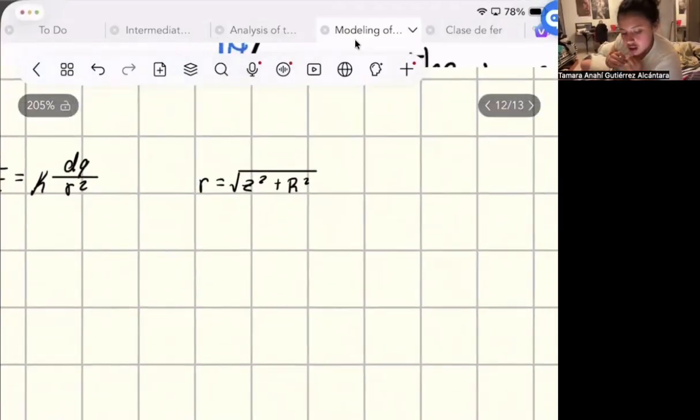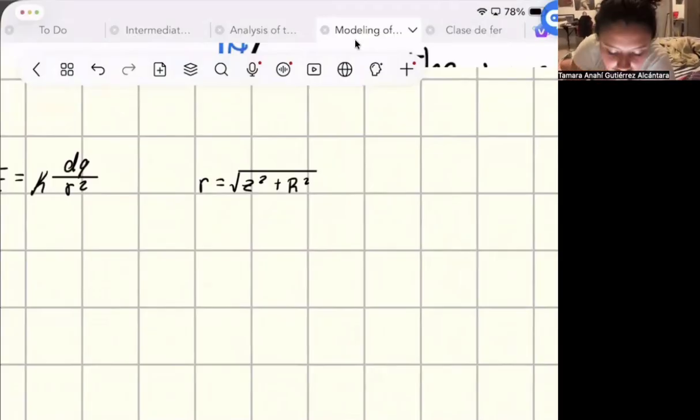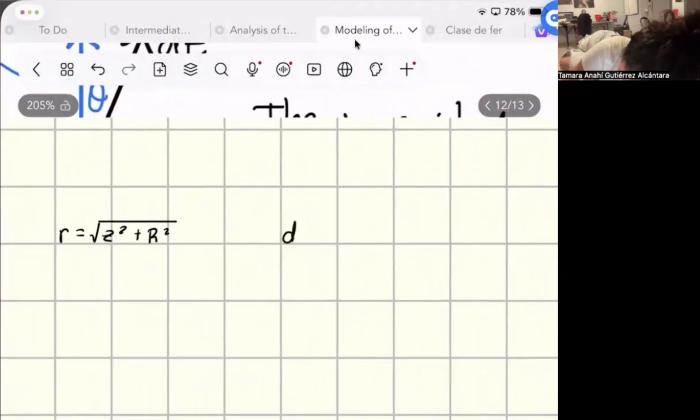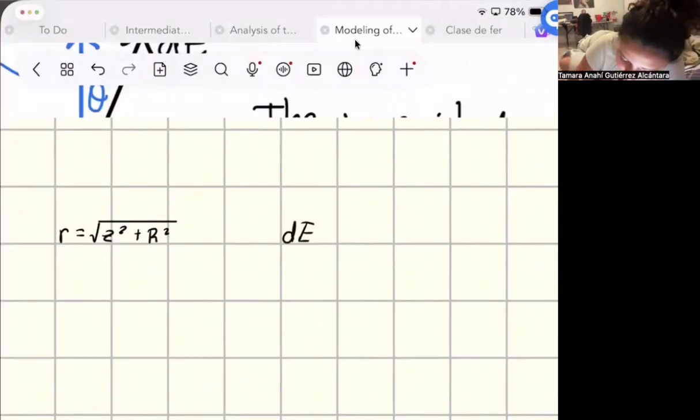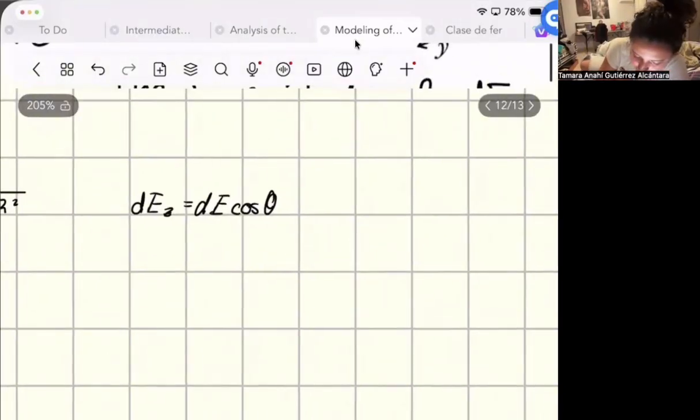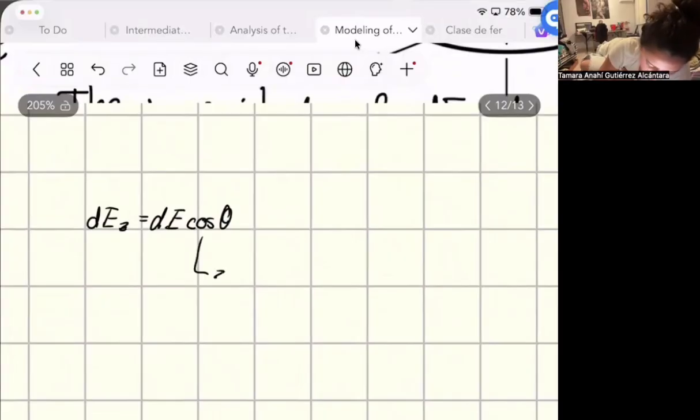So we use dE, in this case dEz equals dE cosine of theta. And the cosine is z over r.